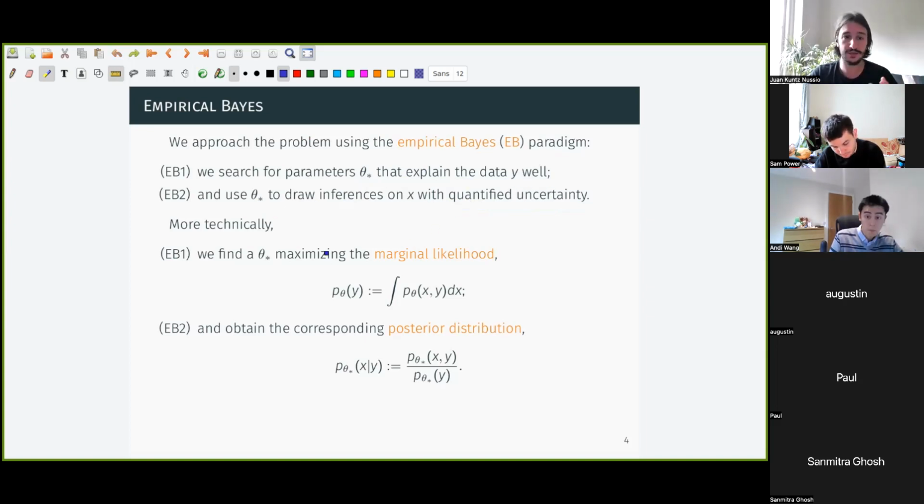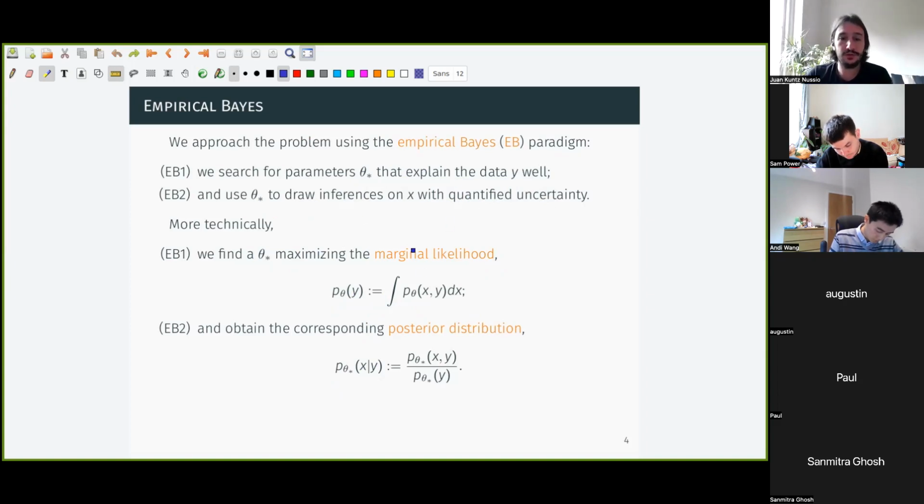What we actually do is look for thetas that maximize the marginal likelihood, or the probability of seeing what we saw of the y's, according to our model. Once you have these, you compute the corresponding posterior distribution over only the latent variables, and you use that to try to infer what they might be in a statistical way.